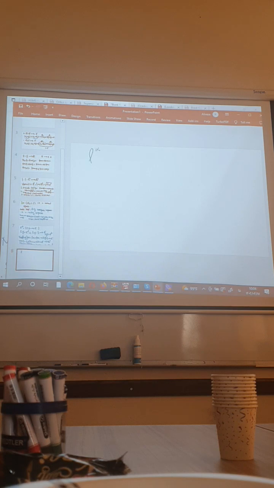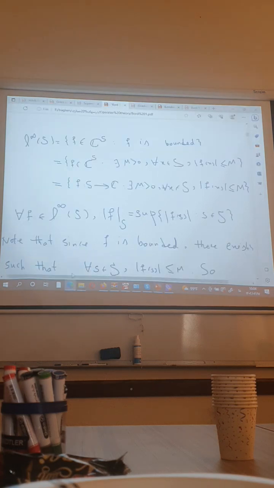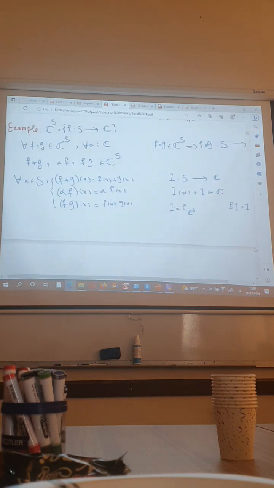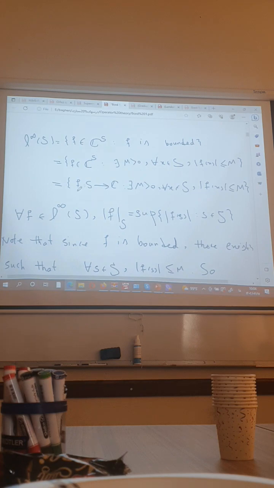The set of all bounded elements of this is L infinity. So we have these three operations in L infinity. It is very trivial that if, for example, f and g are bounded, f plus g is also bounded.